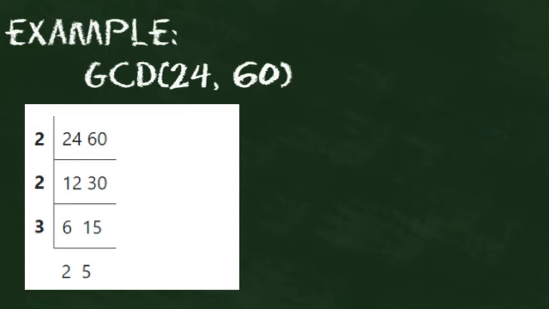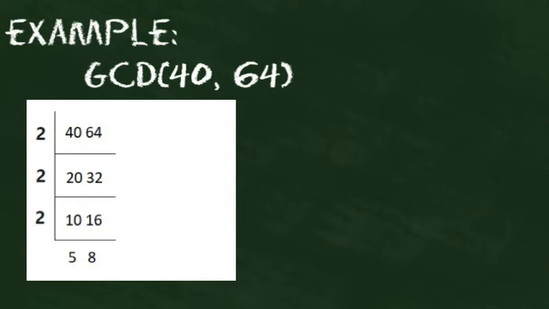With 2 and 5 having no common prime divisor, there is no need to carry on. The numbers on the left side are multiplied to get the GCD. The GCD would be 2 times 2 times 3 is equal to 12.